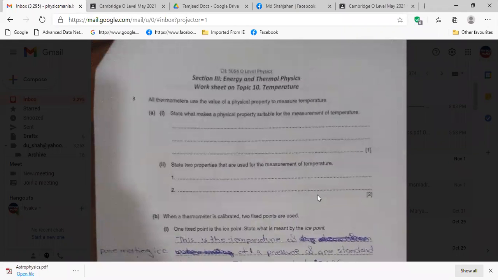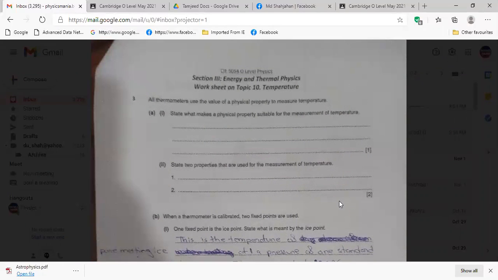What was his son's name? Talal, right? Talal is staying here in Narayanganj, with their family, Kayum sir.